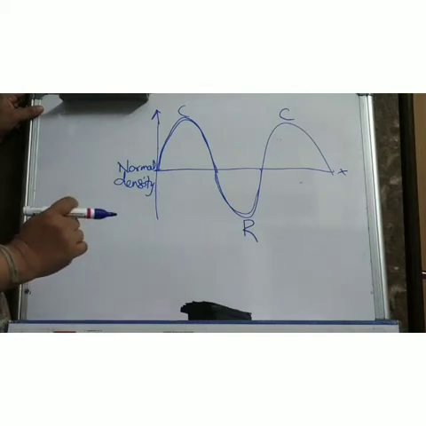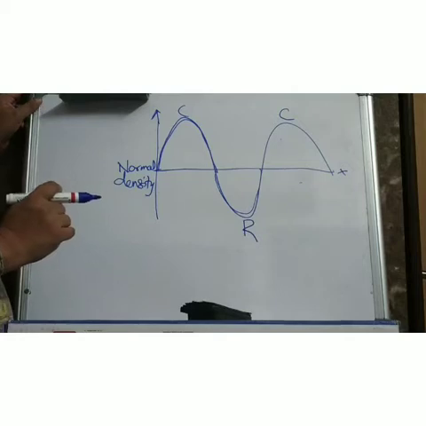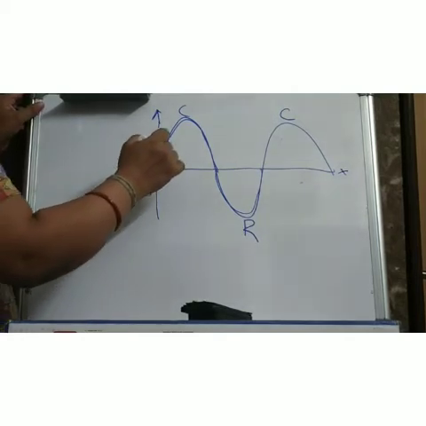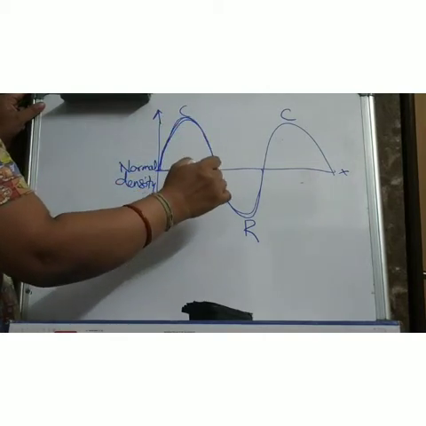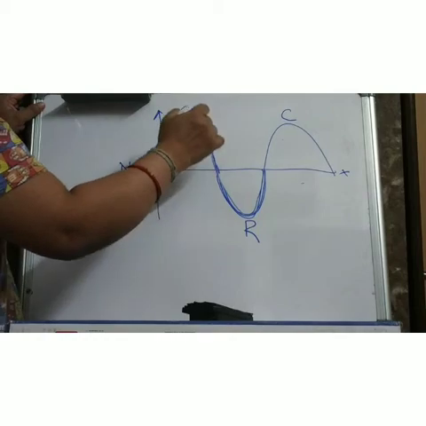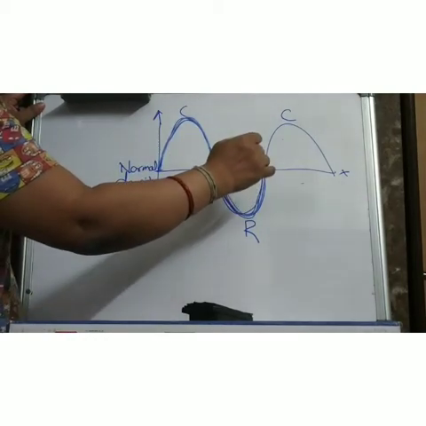Okay, so now we will discuss what is wavelength. As we have already discussed, this is one positive half cycle and one negative half cycle.